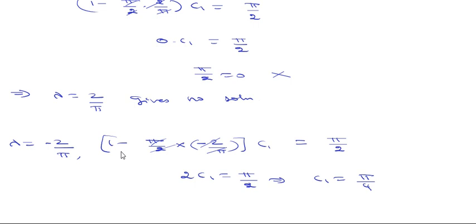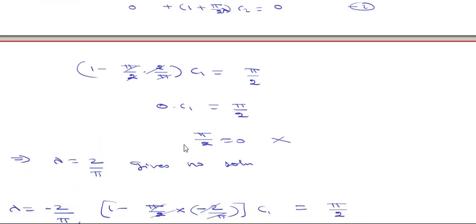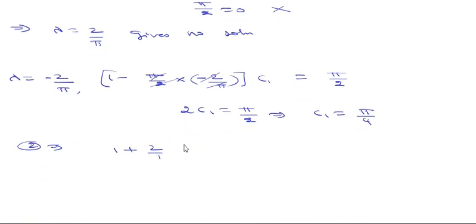Next we take the second equation: 1 plus pi by 2 into minus 2 by pi, c2 equal to 0. Again we can cancel this, so 1 minus 1 is 0.